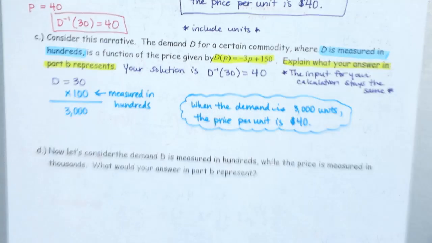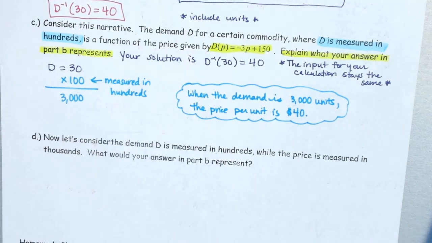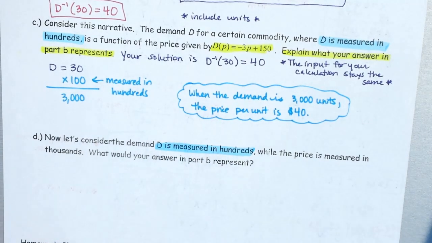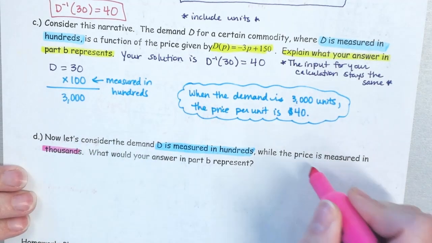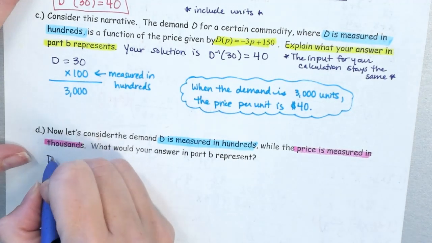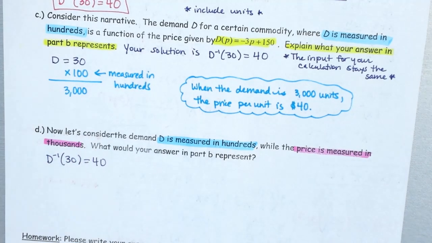Okay, so then for D, it says now let's consider that D is measured in hundreds, so the same as before, while the price is measured in thousands. Okay, so all we have to do is take our value of the price and we have to multiply it by what? 1,000. So again, notice your input and your output do not change.